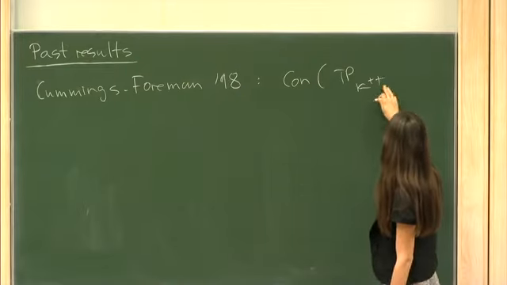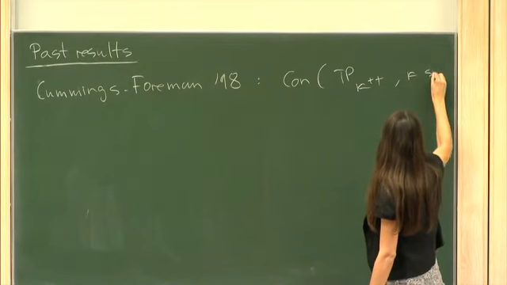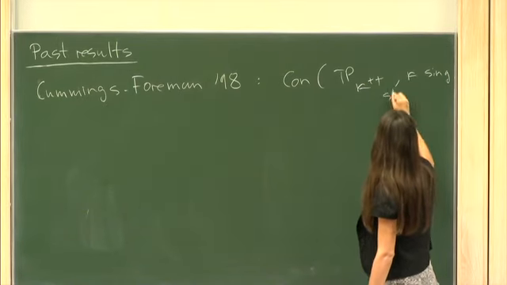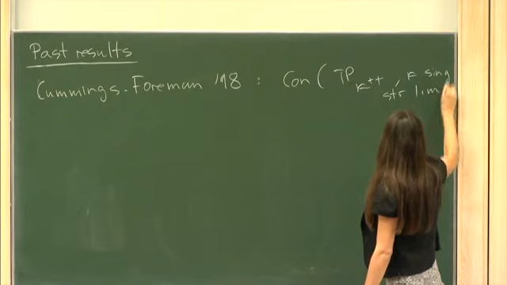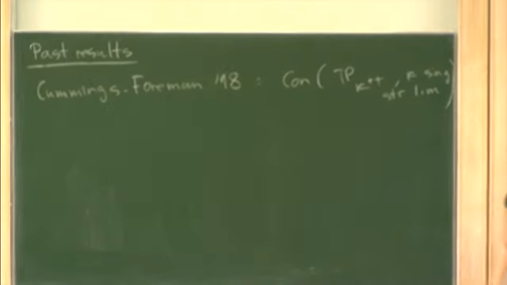So TP at kappa double plus, where kappa is a singular strong limit. They use a Mitchell type poset, and within the Mitchell poset they use Prikry forcing to singularize kappa.